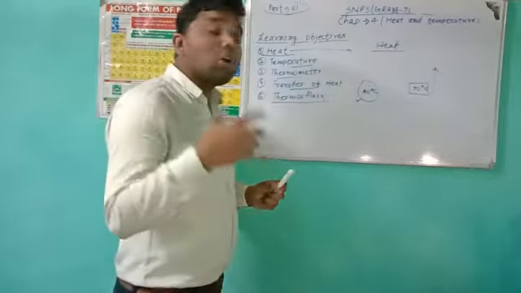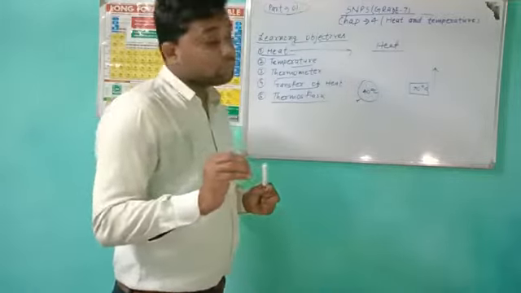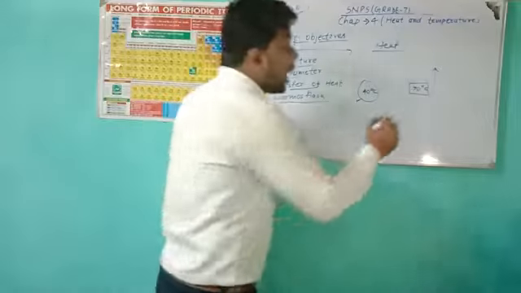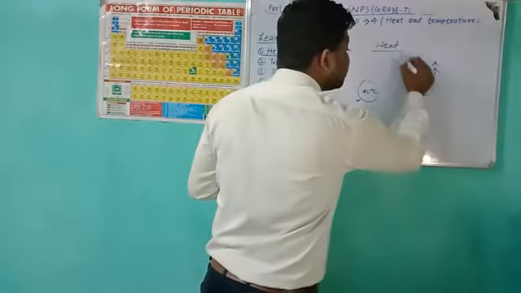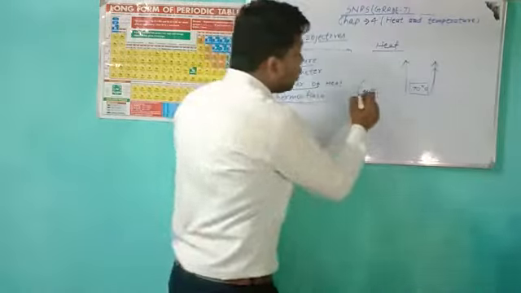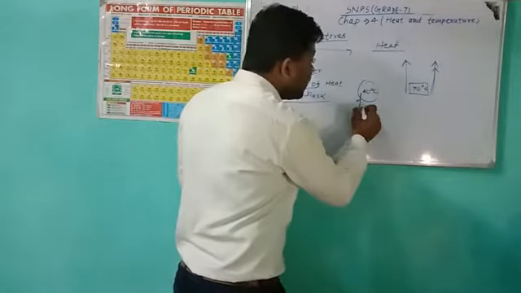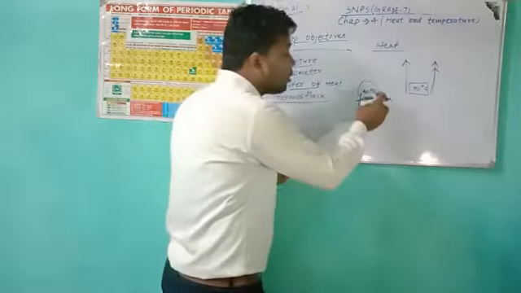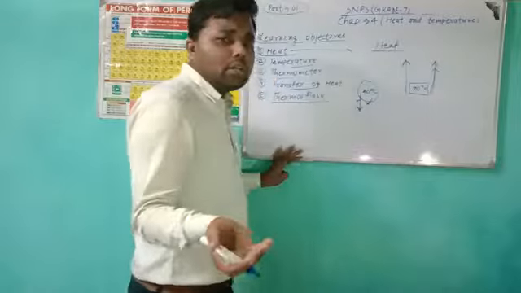And what is a hot and what is a cold object? The object that has high energy, high heat, is called hot, and the object that has low energy, low heat, is called cold. Simple.